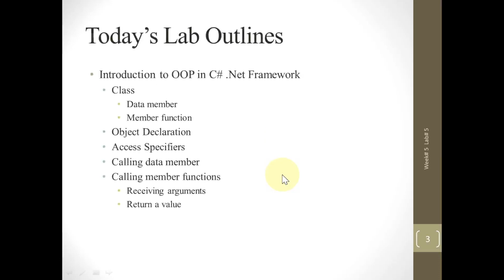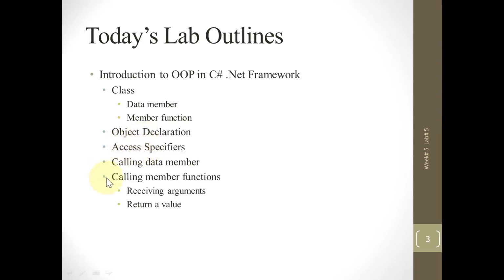So now let's see. In today's lecture, we will be starting the introduction of object-oriented technique in the C#.NET framework. First, we will learn the structure of a class and how object-oriented programming is implemented within C#: data member, function, and how to declare the object, then the access specifiers, that is public, private, and protected.